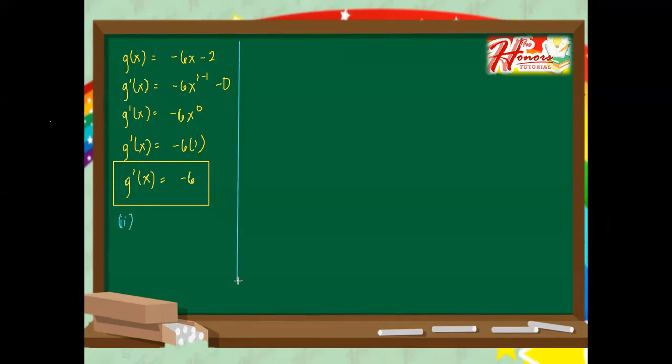For the second part, we will be having the pattern that we have: y prime is equal to f of x, that is the quantity of 4x cubed minus 2x squared plus 5, times g prime of x, that is negative 6, plus g of x, that is negative 6x minus 2, times f prime of x, and that is equal to 12x squared minus 4x.